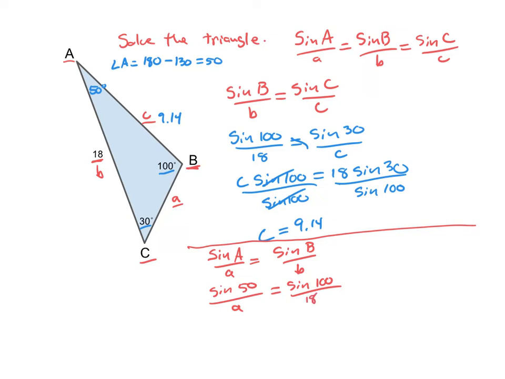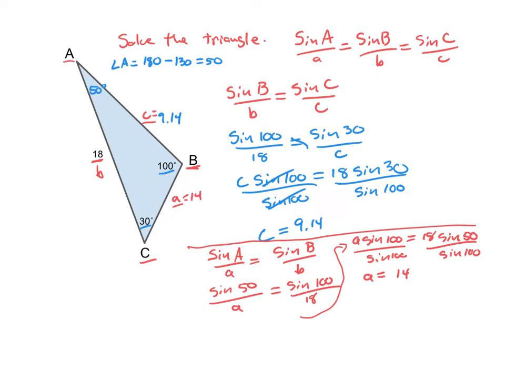So again, we're going to cross multiply, and that will be a times the sine of 100 is equal to 18 times the sine of 50. So we divide by the sine of 100, and we end up with a is equal to 14. It's actually 14.00 something, but we'll just call it 14.